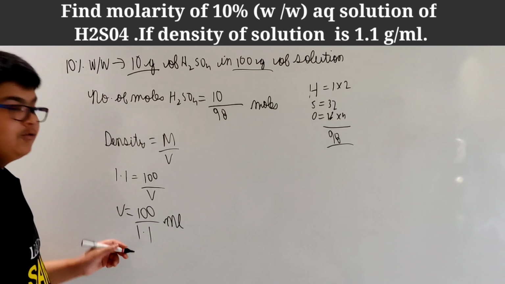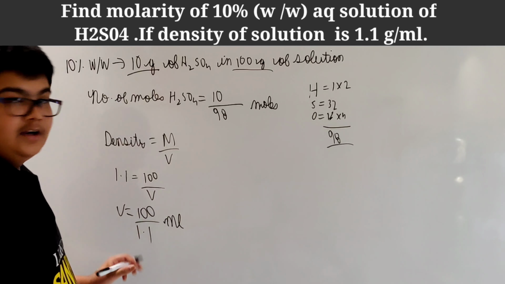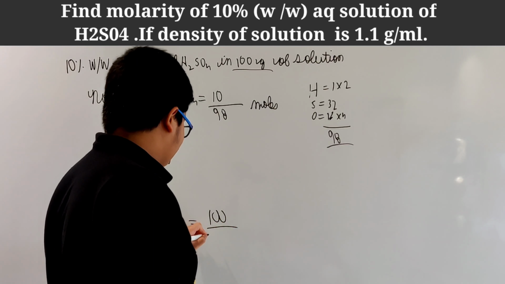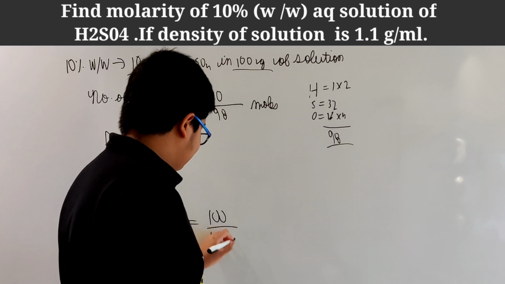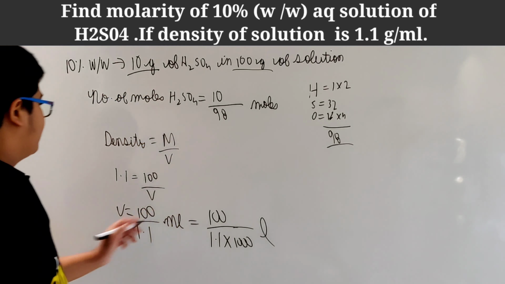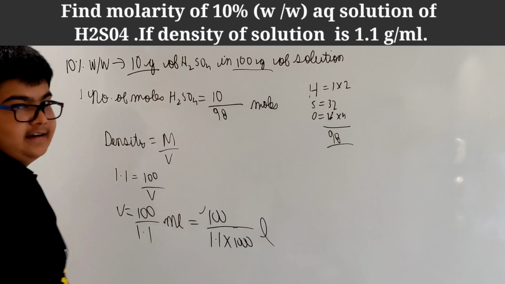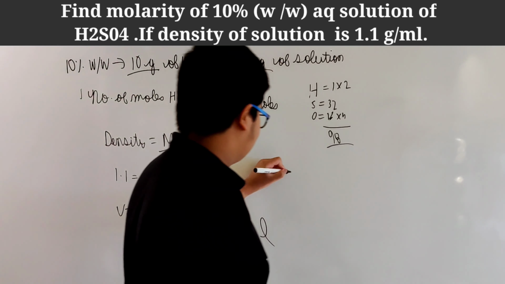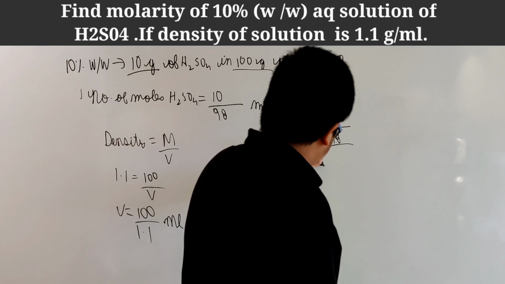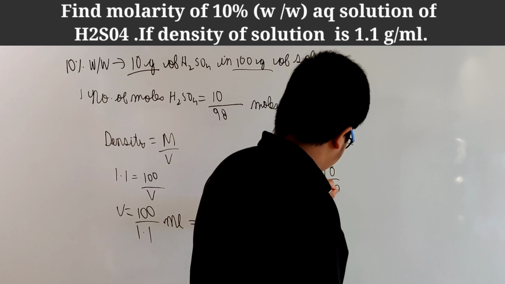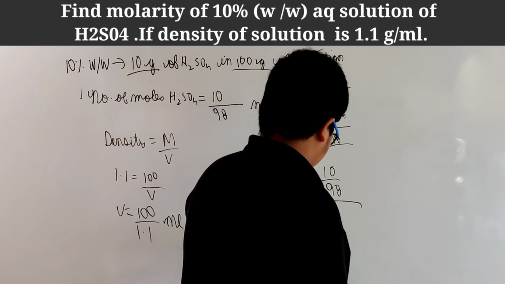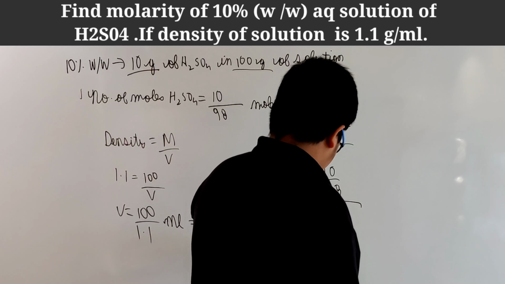Now we have to convert this volume in ml into liters, so we divide it by 1000. So it will become 100 by 1.1 into 1000 liter. Now here we have the volume, here we have the number of moles. Just put it in the formula of molarity and get the answer. So molarity is equal to number of moles of H2SO4, that is 10 upon 98, divided by the volume of solution in liters, that is 100 by 1.1 into 1000.